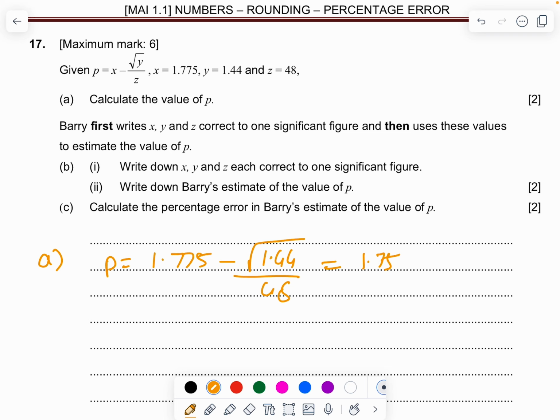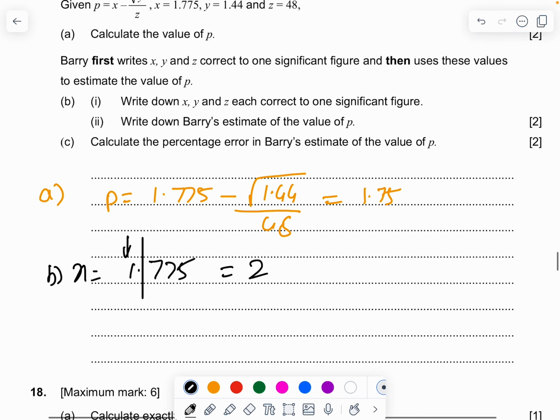So x, 1.775, one significant figure 1, draw the line, it's more than 5, so it becomes 2. Y, 1.44, draw the line, so this will become 1. And z, 48, draw the line, this is more than 5, so it becomes 50.